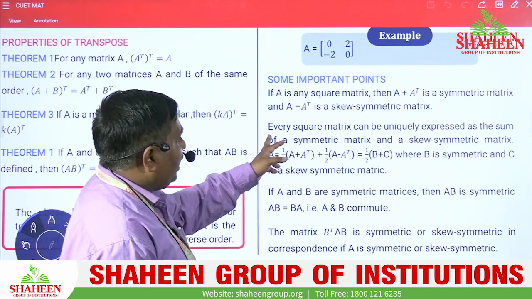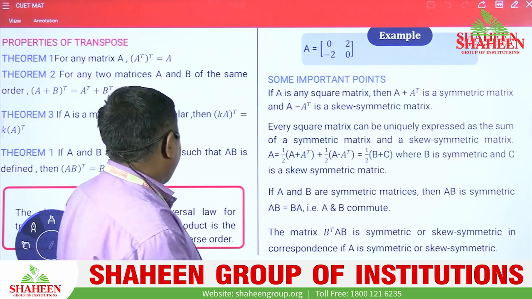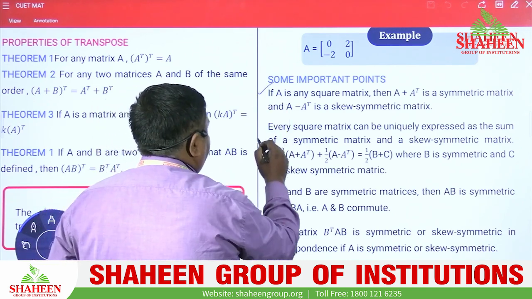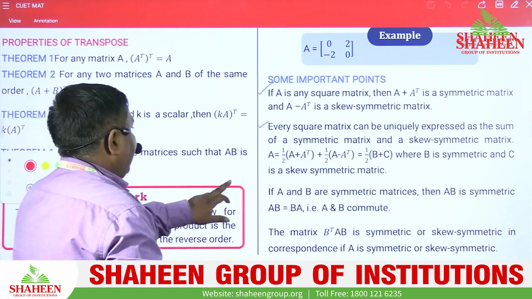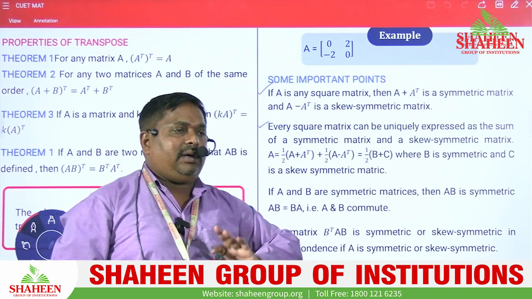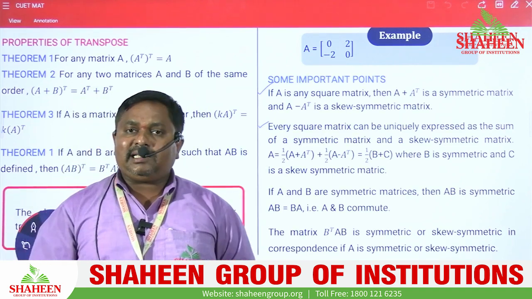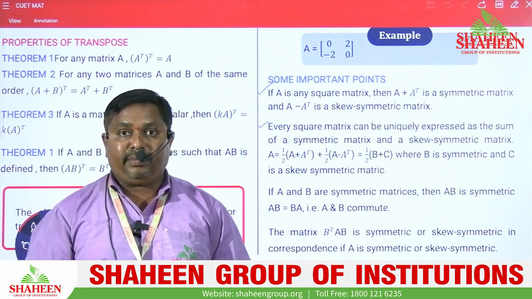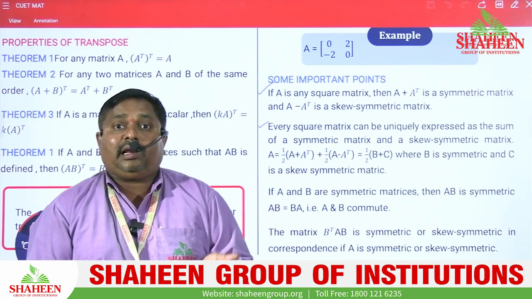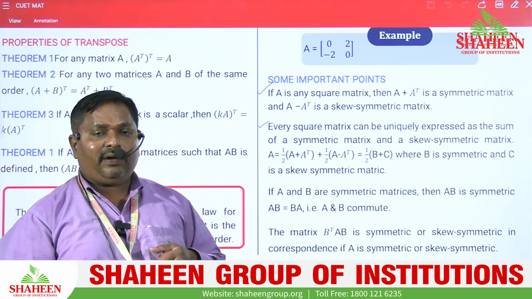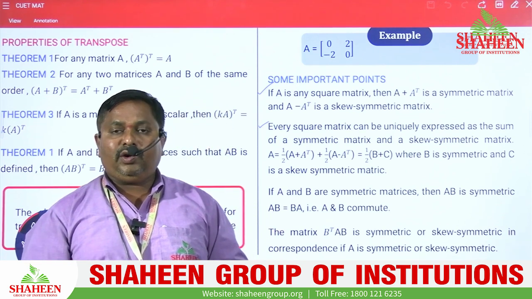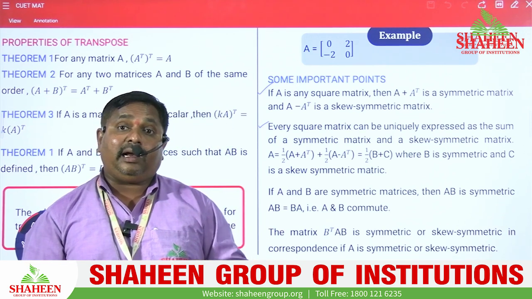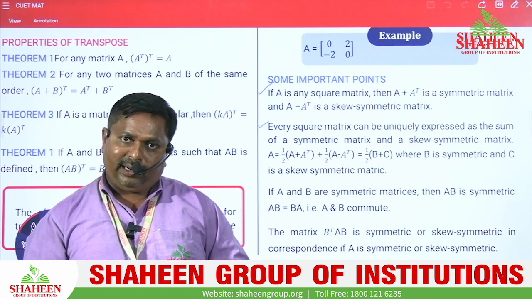Now the second point: every square matrix can be expressed as a sum of a symmetric and a skew symmetric matrix, and it is uniquely expressed. Every square matrix A can be expressed uniquely as the sum of a symmetric and a skew symmetric matrix.